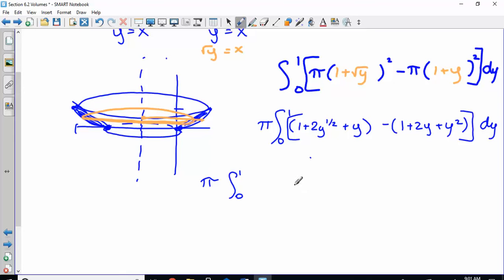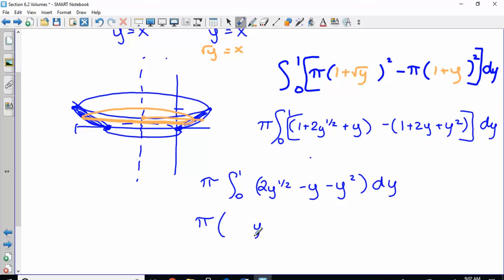Then if we subtract, distribute the negative, the 1's cancel, we have a 2y to the 1/2. Y minus 2y would be a minus y squared. So that's something we can integrate.